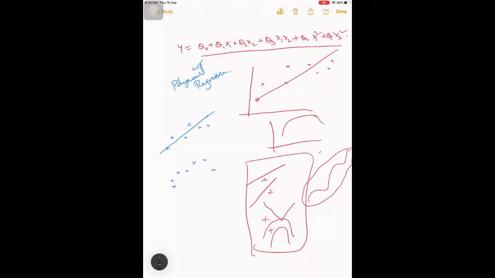But if your values are something like this, or this way, and you draw a line, you may get some error, but it can be minimized by using a higher order term. Maybe you may get something like this. So that is one more thing.